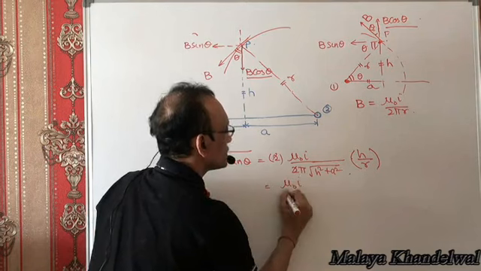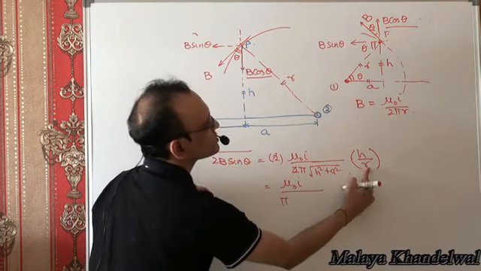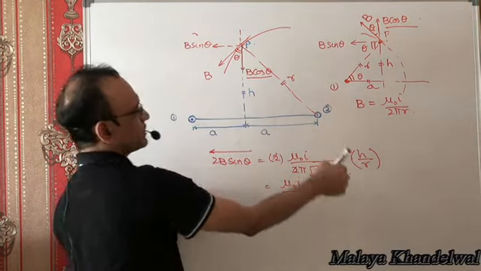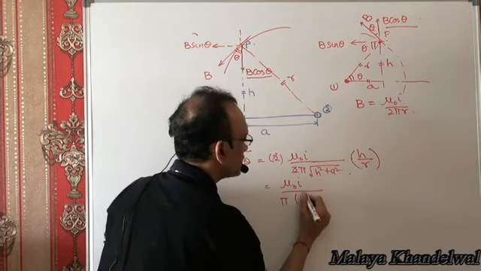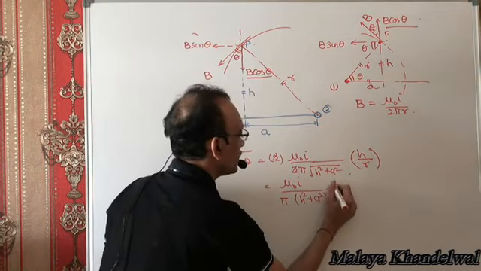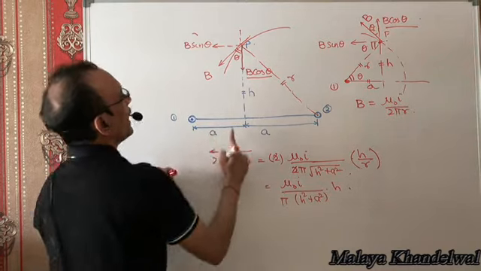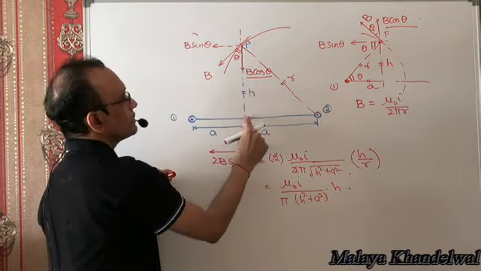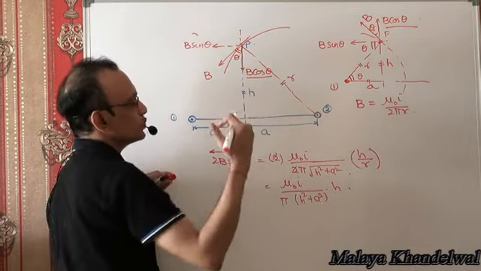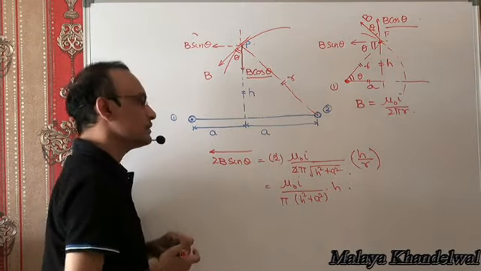Mu naught I divided by pi, r is also root h square plus a square, so this will become h square plus a square into h. That's the magnetic field at a distance h from the midpoint of the line joining these two very long wires. Yes or no? Right?